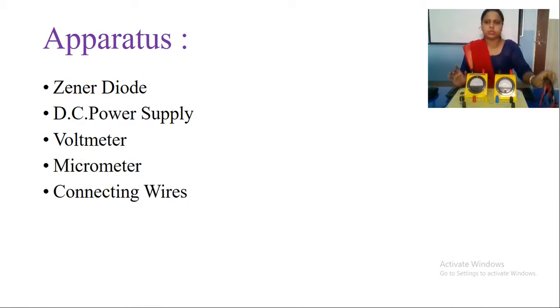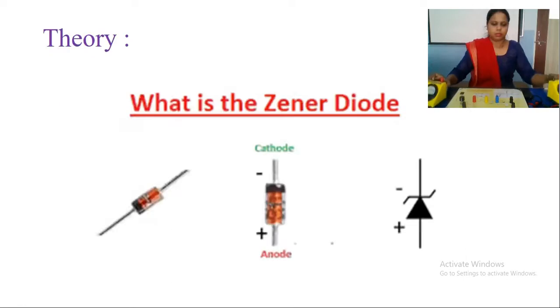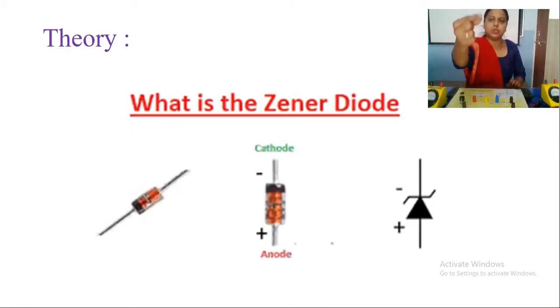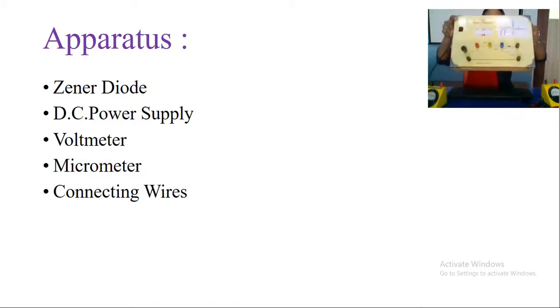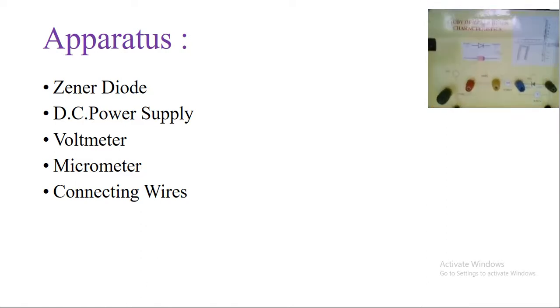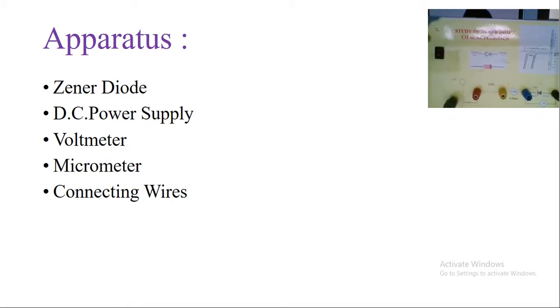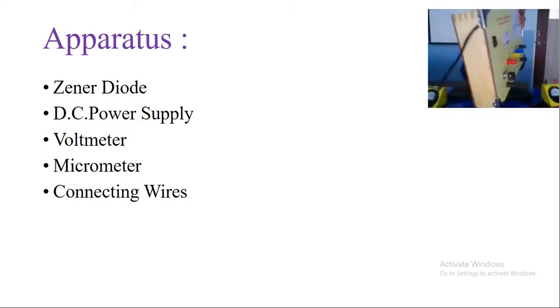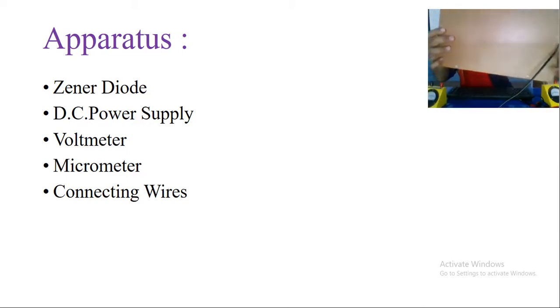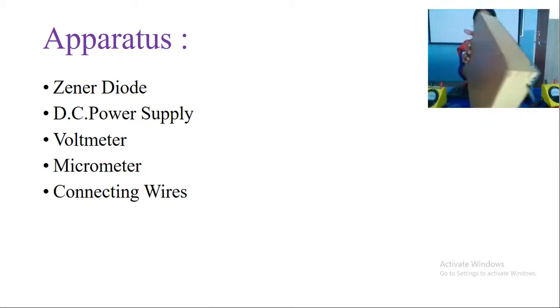One very important thing: instead of using this Zener diode alone, we are going to use this type of already built kit. This kit is purposefully made to avoid some external connections. All the components like the Zener diode and potentiometer are already kept inside this kit.